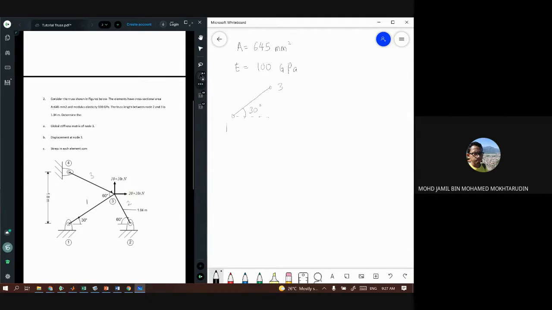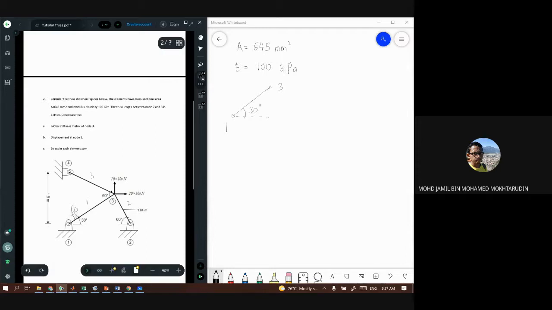In this element, we don't have the length of the bar. So you need to determine the length of the bar. For this you need to use trigonometry that you have learned since Form 1. Here we have 60 degree in the middle angle and 30 degree here. Assuming that this is 90 degree from 1 to 4, of course the remaining degree here is 60.